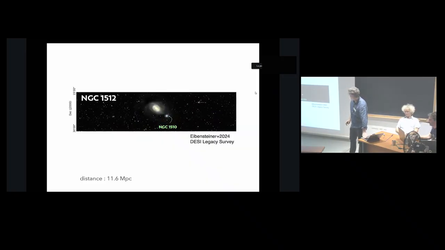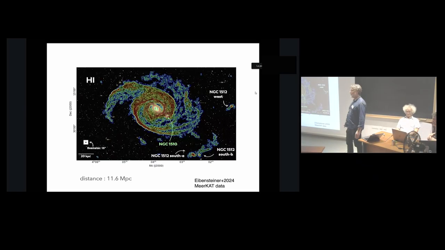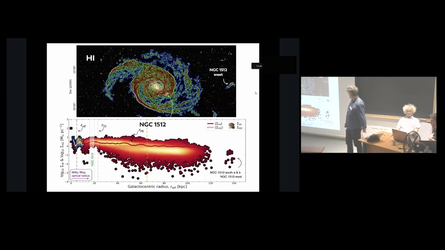This is another, very recent, example of NGC 1512. You see the stellar emission of that galaxy with its little neighbor NGC 1510. And this is, at the same scale, the HI. In fact, if you look at the profile of surface density, the stellar disk is right here, so there are just stars in the middle.